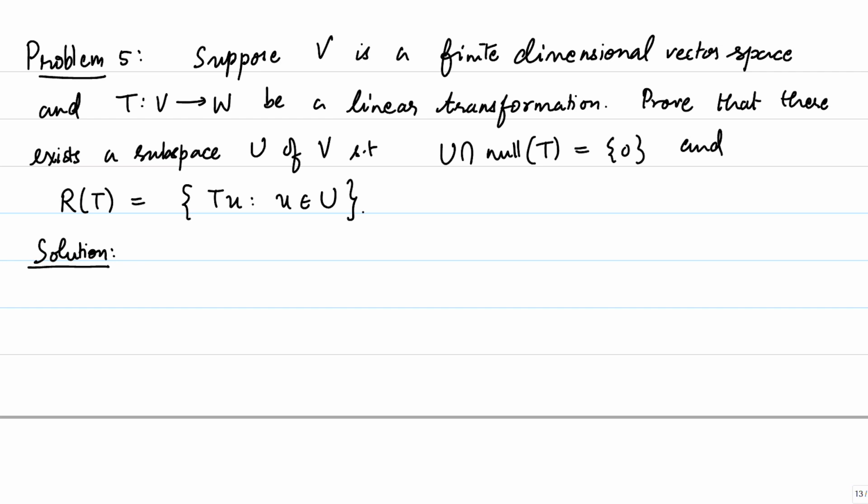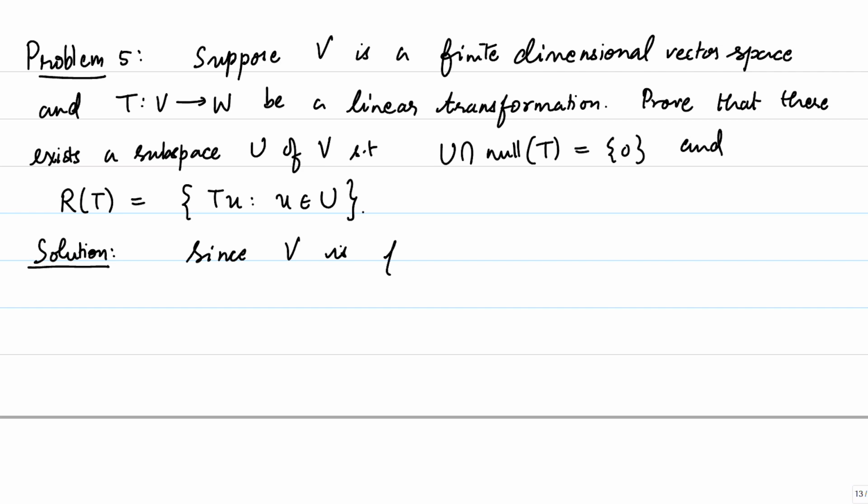All right. So in order to prove the existence of such a subspace, let's focus instead on the range space of T. Notice that in the problem there is no assumption on the finite dimensionality of W. So we don't need W to be finite dimensional to establish something of this sort.